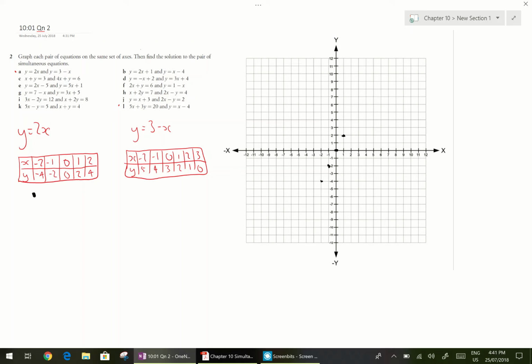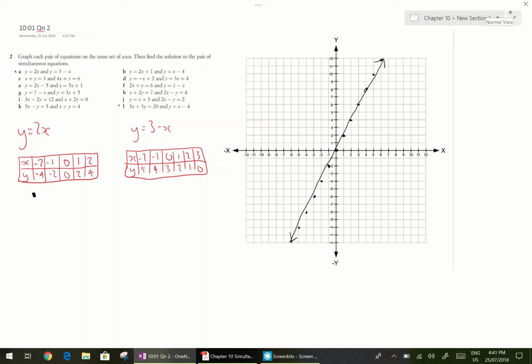So you can see the pattern. 2, 4. It's basically going up 2 across 1. So I can fill in the pattern. It's not going to change because it's linear. And going the other way as well, the pattern's going to be the same. And draw a nice straight line. It's very straight, beautiful.